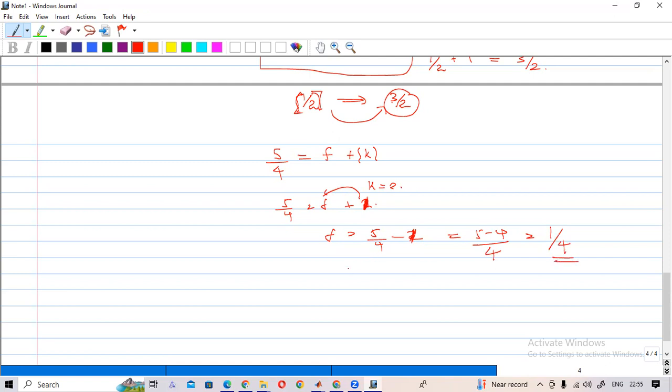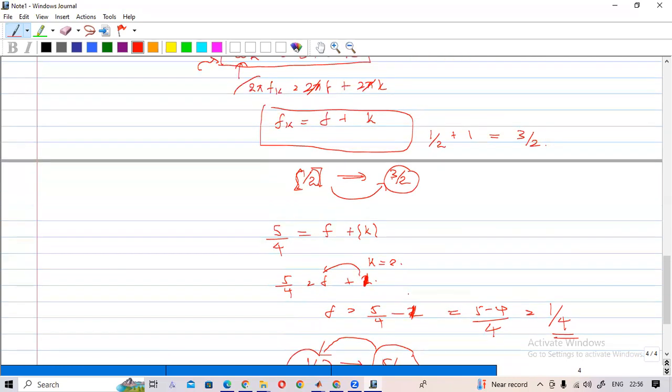So 1 over 4 is equivalent to 5 by 4, not exactly equal. This higher frequency can be reduced to a lower frequency. So now you can see that this frequency is less than half.